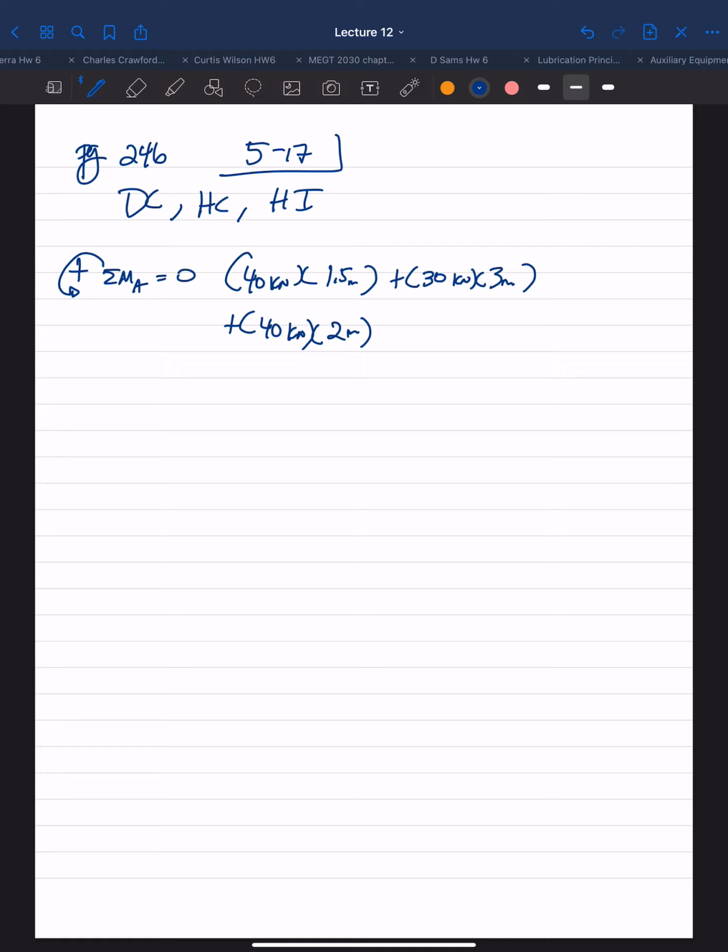And F being a roller, so it's just an Fy there, pointing up, so that'd be clockwise rotation about point A. And the perpendicular distance here is 4 meters. Solve for Fy.